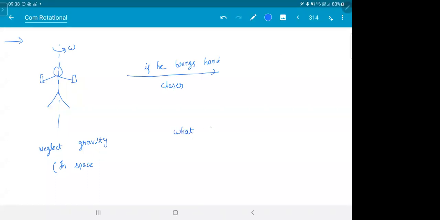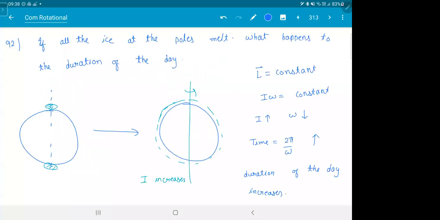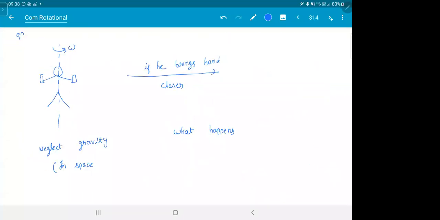So there are two questions. What happens to omega? You can say this is a question only. What happens to his kinetic energy? So he'll bring his hands like this, he'll become closer. Tell me what will happen to the omega and what will happen to the kinetic energy?